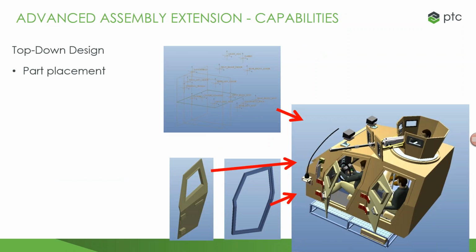So the name of the game here is top-down design. This is a methodology that we like to promote here at PTC that enables you to build from a top-down level so that whenever you're creating your parts and you want to make references to other parts, they interact together seamlessly. So let's say, for example, we have this helicopter and we're looking at making changes to the doors, right?